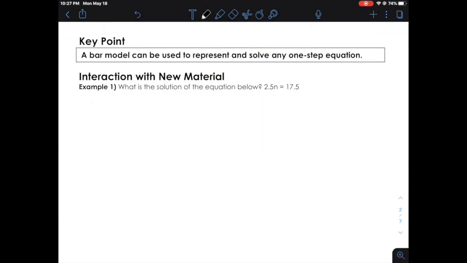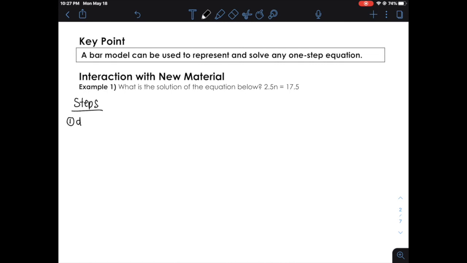Okay, it says a bar model can be used to represent and solve any one-step equation. So basically what we've been doing, let's work with example number 1. It says, what is the solution of the equation below? 2.5n equals 17.5. So the first thing we do is figure out what is our operation. So let's see, we'll put it in steps over here today.